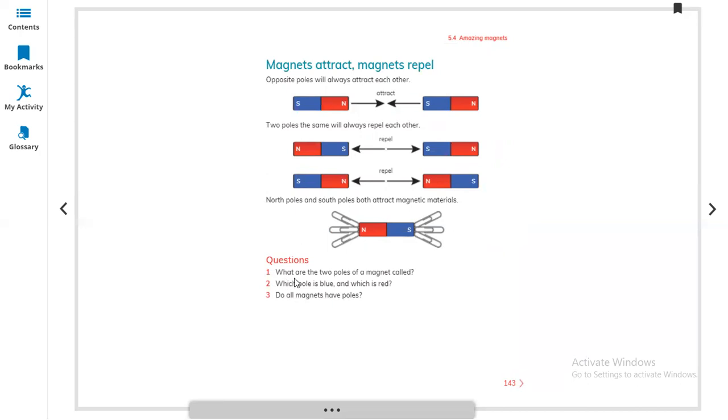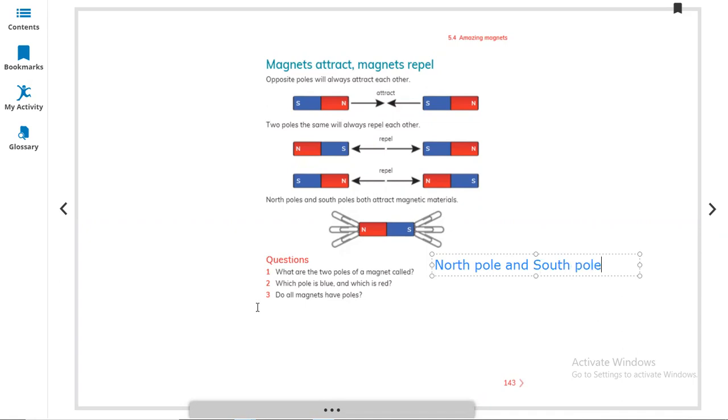What are the two poles of a magnet? North pole and south pole. You can write it here. South pole. Which pole is blue and which is red?